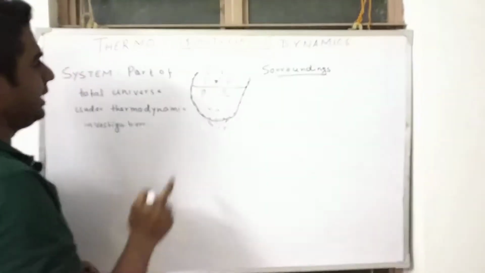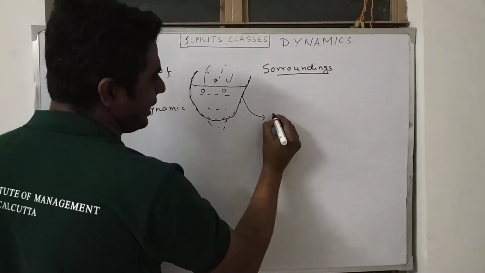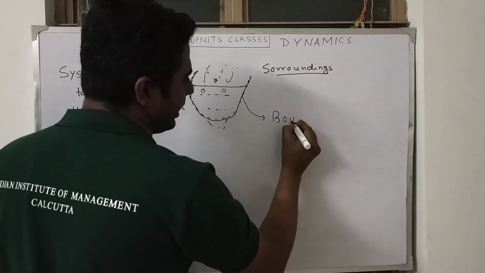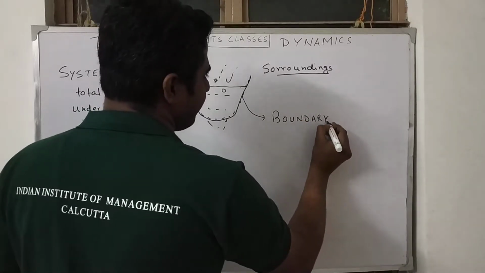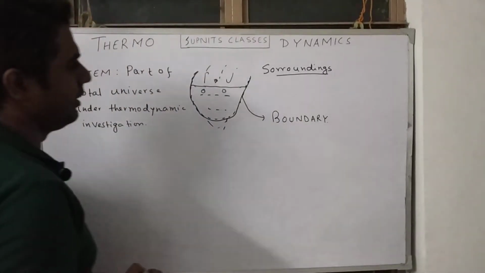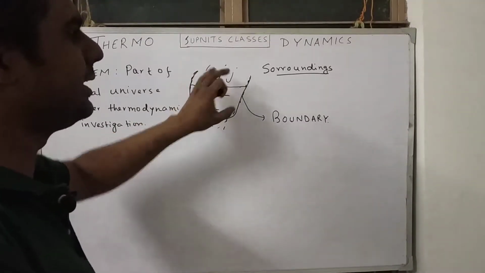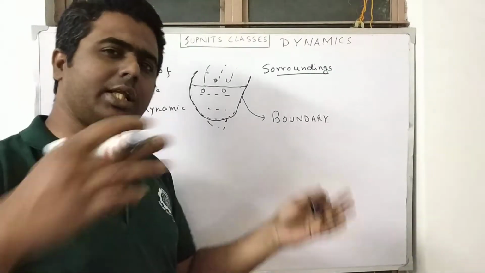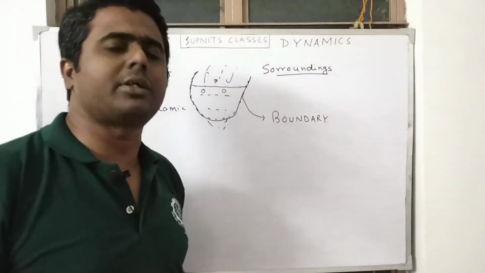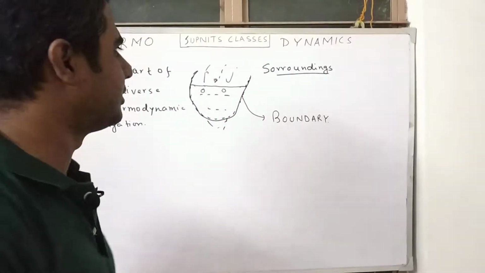And the system and surroundings are separated by something called a boundary. This is very important. Here we can see one part is called the system, and whatever else is there in the total universe except that part of thermodynamical study is called the surroundings.